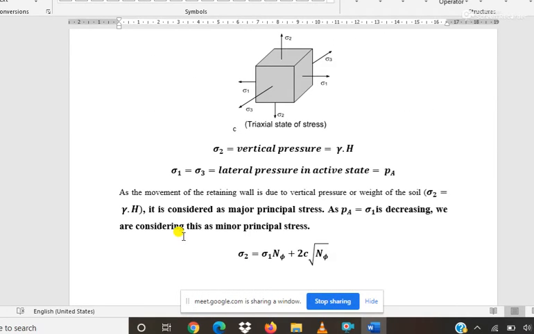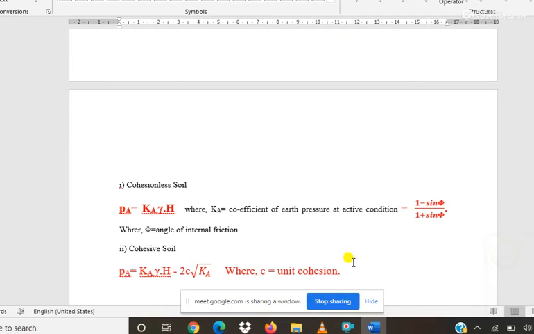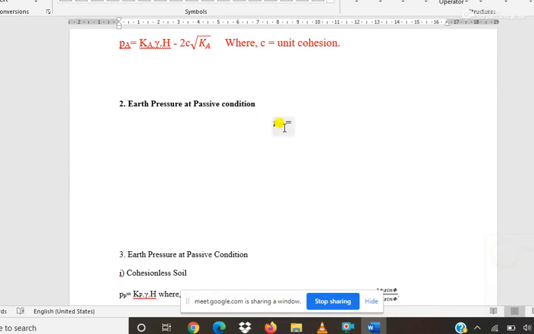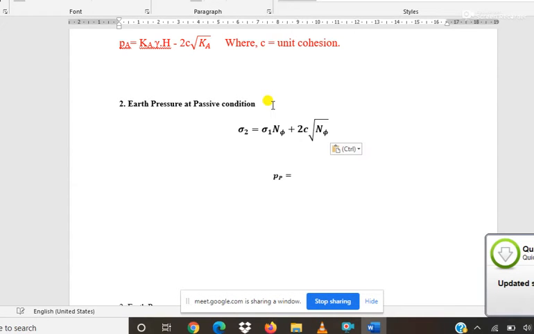Now we have to use the same equation as we used for the active earth pressure. The basic equation we have to use is the relationship between the major principal stress and minor principal stress, where major principal stress is sigma 2 and minor principal stress is sigma 1.